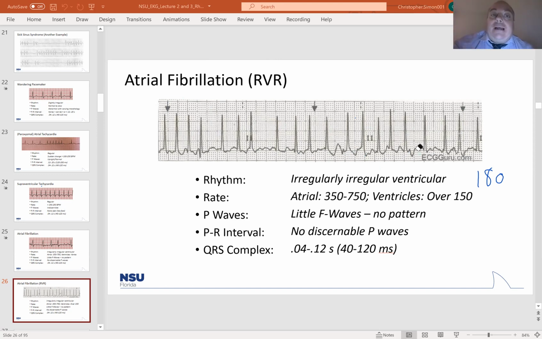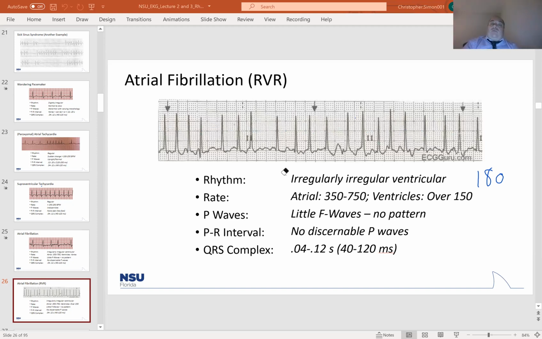That's really what we're getting at here, okay? So we got no discernible P waves, a rate of 180, a narrow QRS, and let's look at our R to Rs. Not even remotely the same at all. So we have an irregular R to R interval.